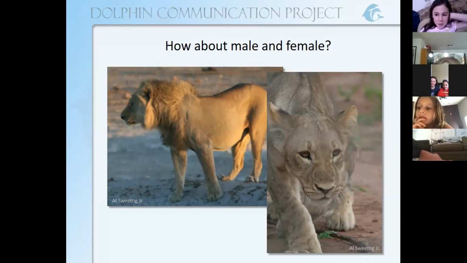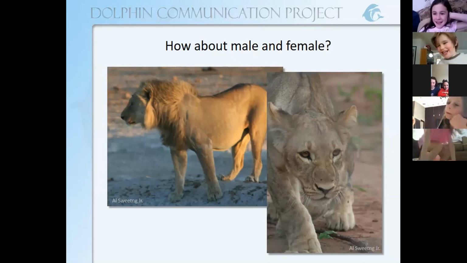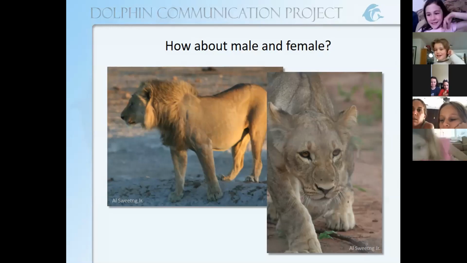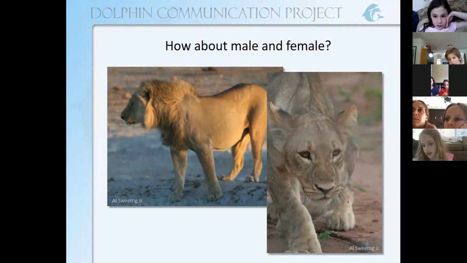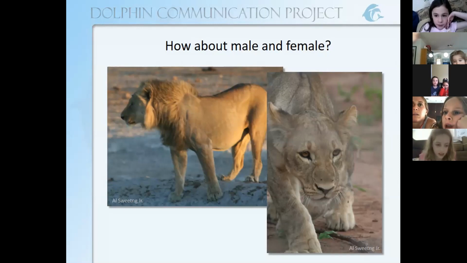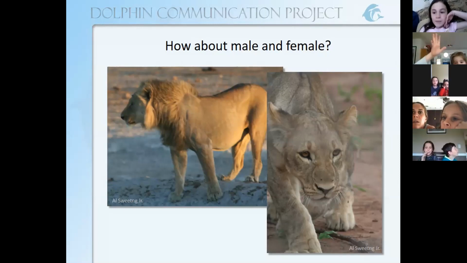No, nobody? Really? Are you sure you haven't gone to college to study lions yet? All right, well, even though you haven't gone to college to study lions, can any of the kids tell a male lion apart from a female lion? Can you tell an adult boy lion from an adult female lion? I bet some of you can, right?